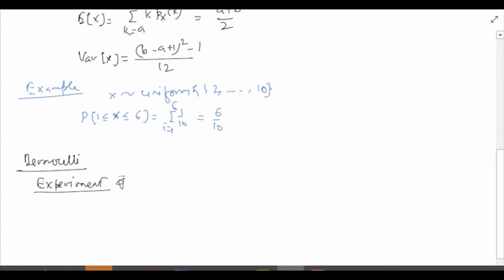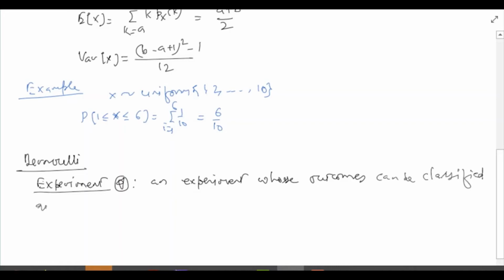Let's see what it is. It is an experiment whose outcomes can be classified as success or failure.